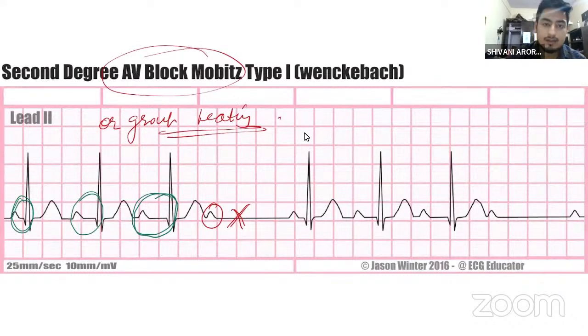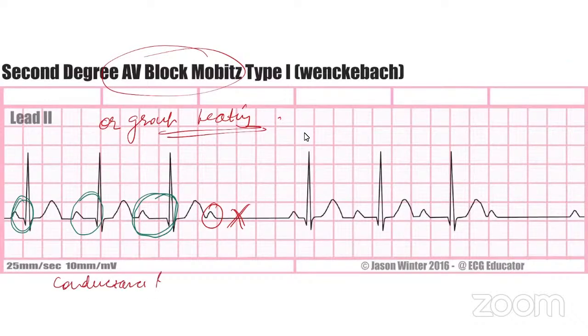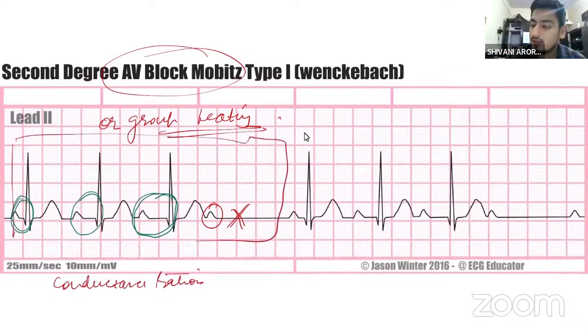So in second degree AV block, since there are skip QRSs, we have to tell the conduction ratio. Suppose this is one cycle and this cycle keeps on repeating. We have one P wave, two P waves, three P waves, and a fourth P wave here. Clear?